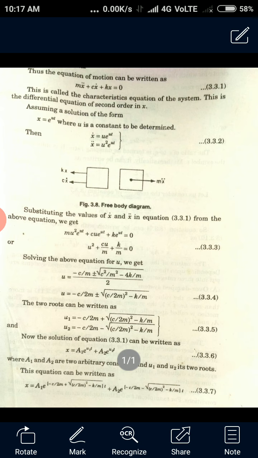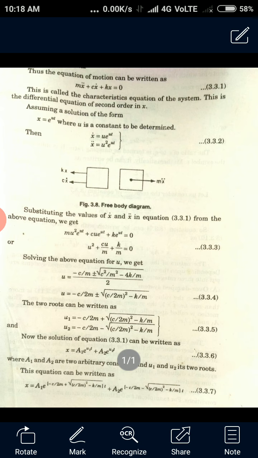Now the solution of equation 3.3.1, that is m x double dot plus c x dot plus k x equal to 0, can be written in the form x equal to a1 e raised to u1 t plus a2 e raised to u2 t, where u1 and u2 are the roots, and a1 and a2 are arbitrary constants that can be determined by applying the boundary conditions.